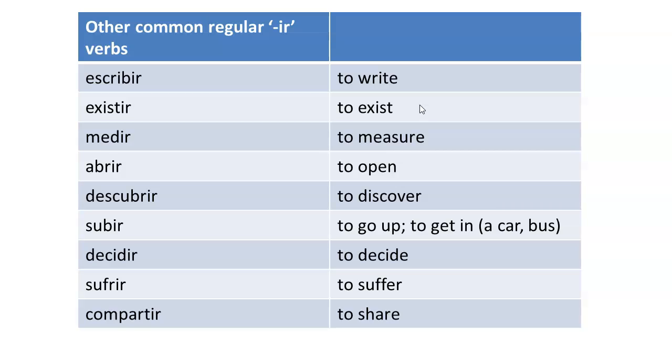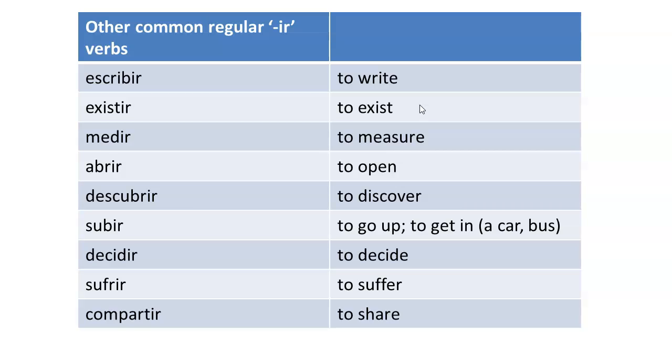I open, abro, he opens, él abre, we open, abrimos, they open, ellos abren. Descubrir, to discover, I discover, yo descubro, he discovers, él descubre, she discovers, ella descubre. They discover, ellos descubren. Decidir, to decide, I decide, yo decido, you decide, tú decides, you decide, formal, usted decide, we decide, nosotros decidimos, and so forth and so on.